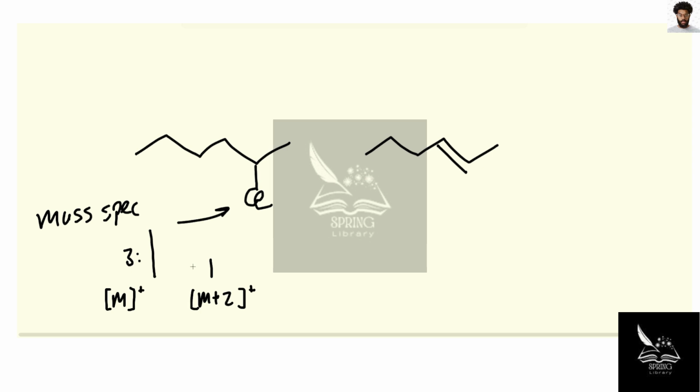And that's due to the fact that chlorine has two major isotopes, one weighing 35 and one weighing 37, and that they are in a 3-to-1 ratio.